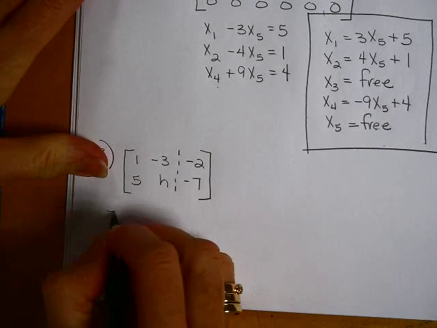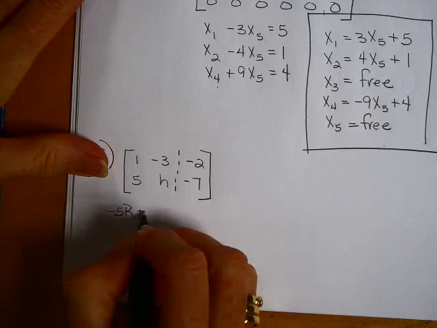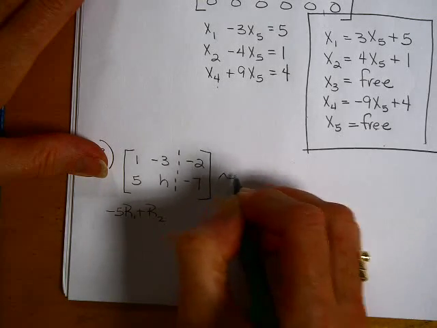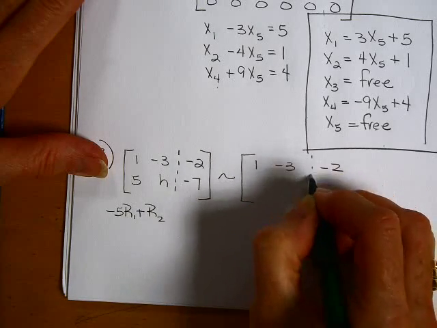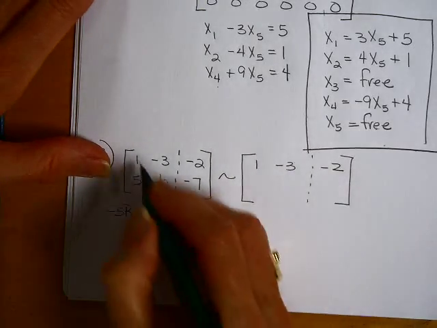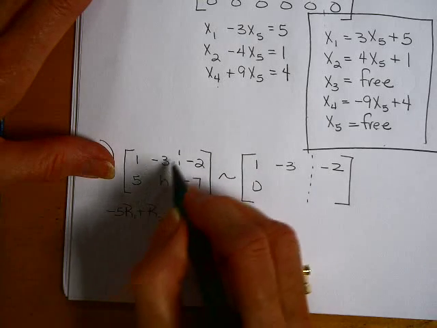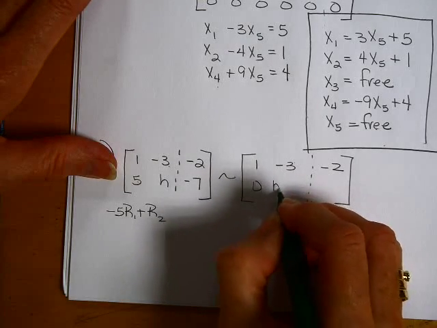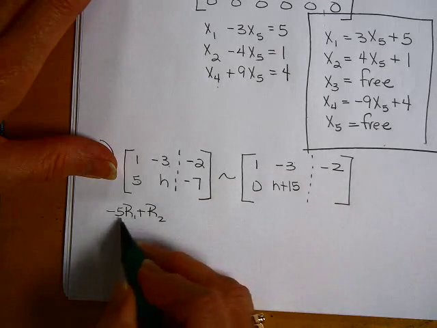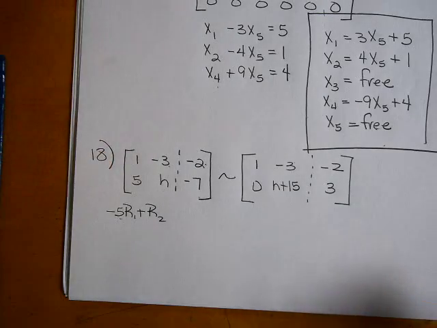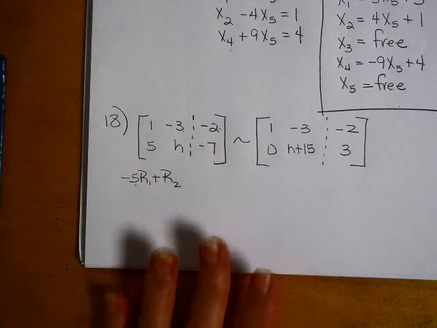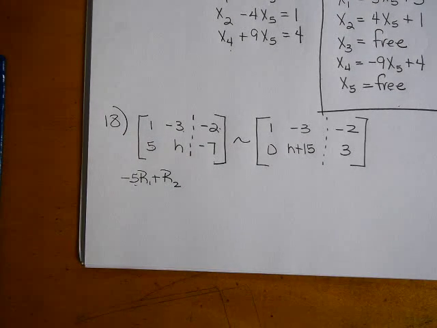Get rid of the 5. So negative 5 times row 1 plus row 2. Negative 5 and 5 is 0. That's 15, so H plus 15. And that's 10 minus 7 looks like 3. I need it to be consistent.